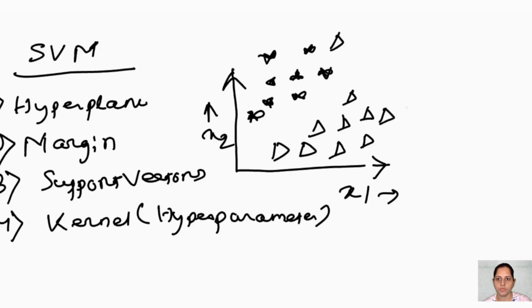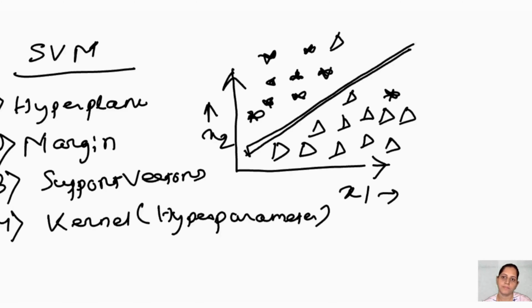I have two classes, right? So what exactly is it going to do? It is going to create a plane, just like this, and this is called my hyperplane or my boundary.